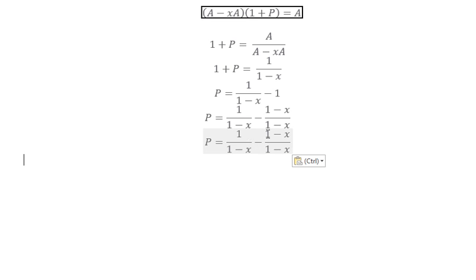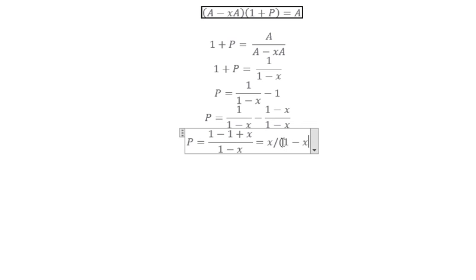For this one, we have the negative, so we change the sign here, and we get negative 1 plus x. And we get x over 1 minus x. And this is the percentage we need to find.